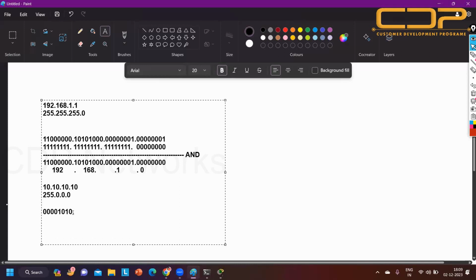Let me copy it. 10.10.10.10. And then we need to convert the subnet mask into binary. So the subnet mask here is all 1s, eight bits. Here all bits are 0.